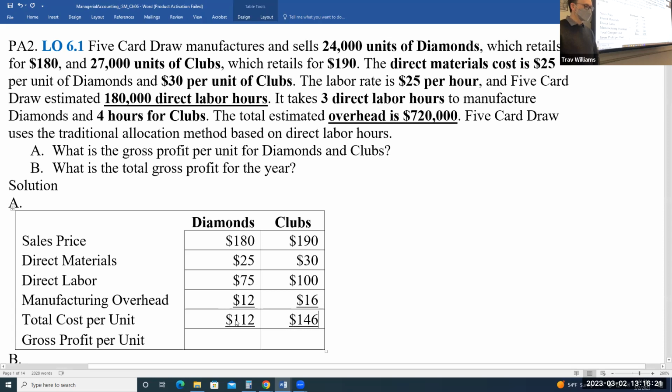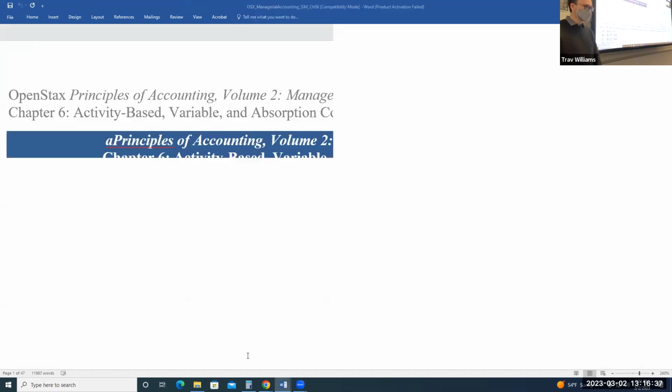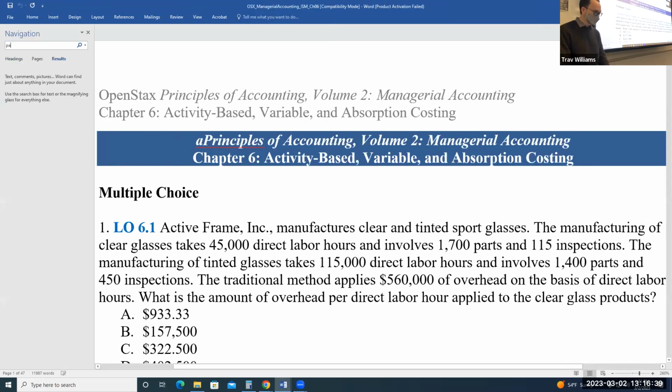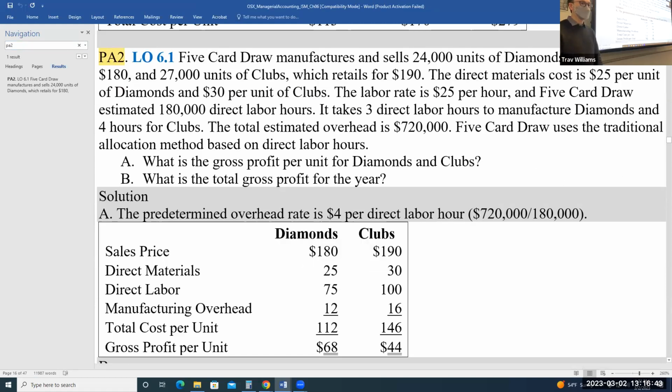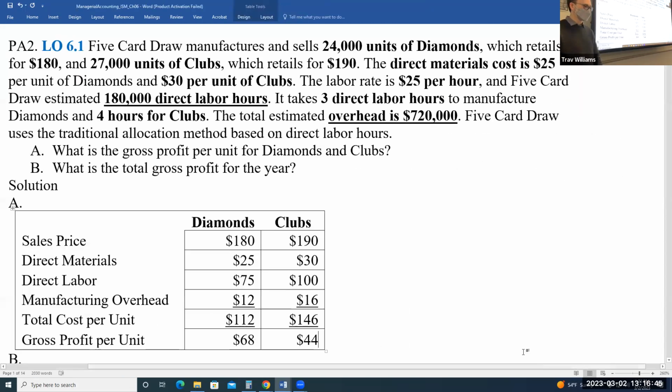Okay, so we subtract the total cost from the sales price. That gives us $68 for each diamond unit and 44 for clubs, right? See if I did that all correctly. 68 and 44, nice.